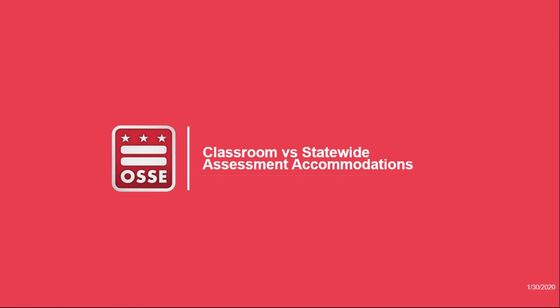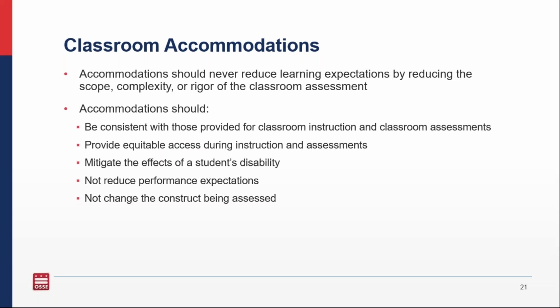All right, so our next section, we'll be discussing classroom versus statewide assessment accommodations. We know that students are allowed accommodations within the classroom and on statewide assessments. Some of those accommodations may be the same, where others may differ. It's important to remember that accommodations should never reduce learning expectations by reducing the scope, complexity, or rigor of the classroom assessment.